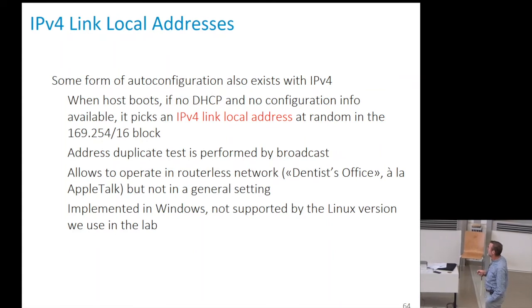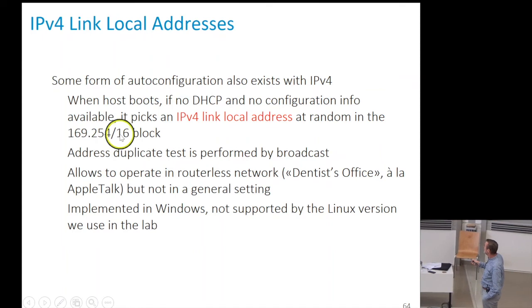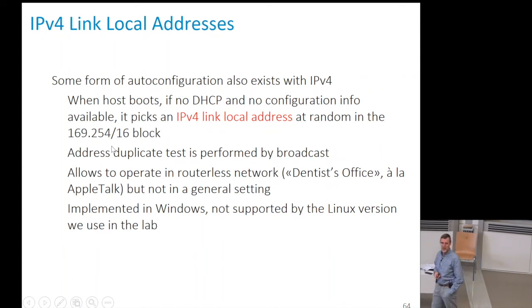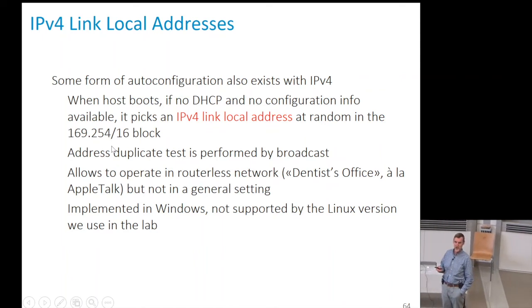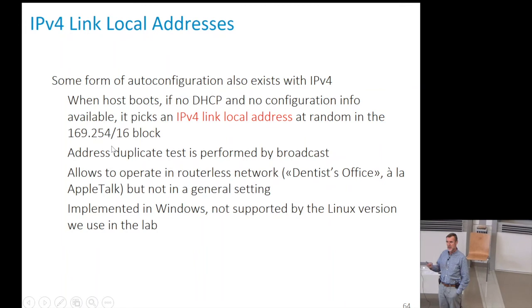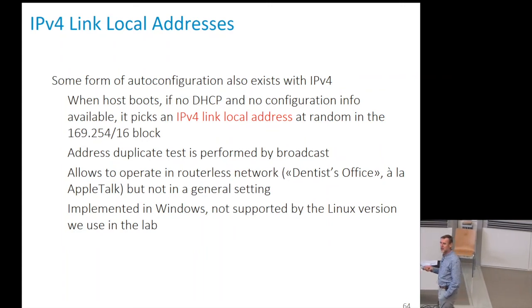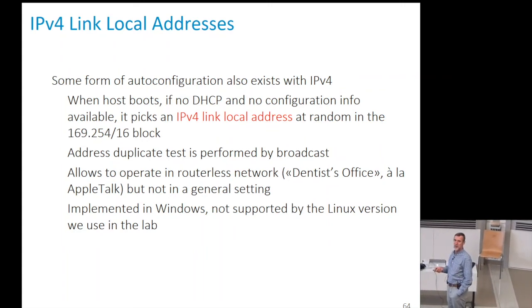Similar things were also added to IPv4 with the block 169.254, which is the block of link local addresses. So you can do exactly the same thing as was done with SLAAC. When a host boots, it takes one of those addresses. It does an address duplication test by sending an ARP packet to this address. If somebody replies, there is a problem. If nobody replies, it means nobody has this address, or at least nobody that's up now has this address.